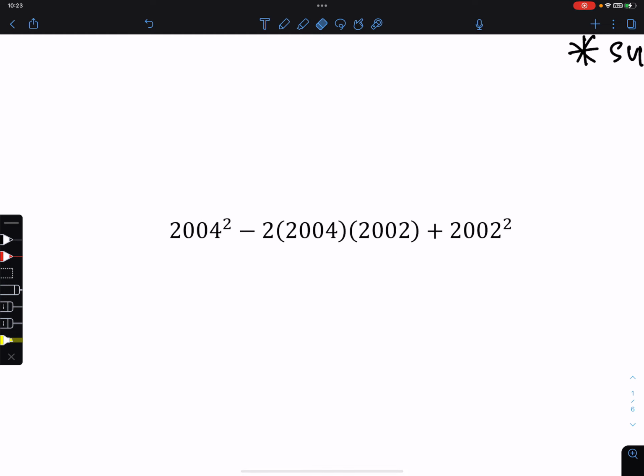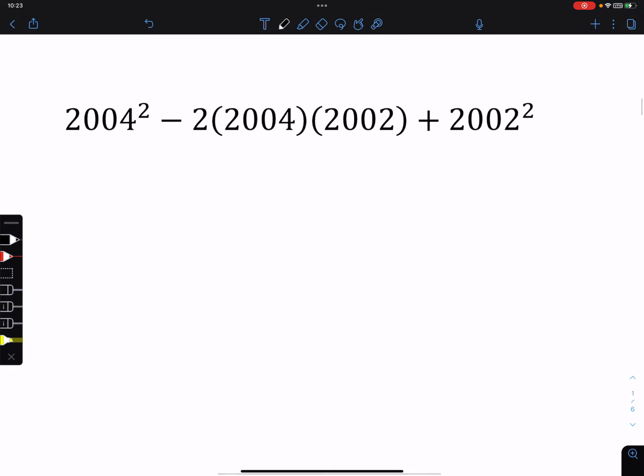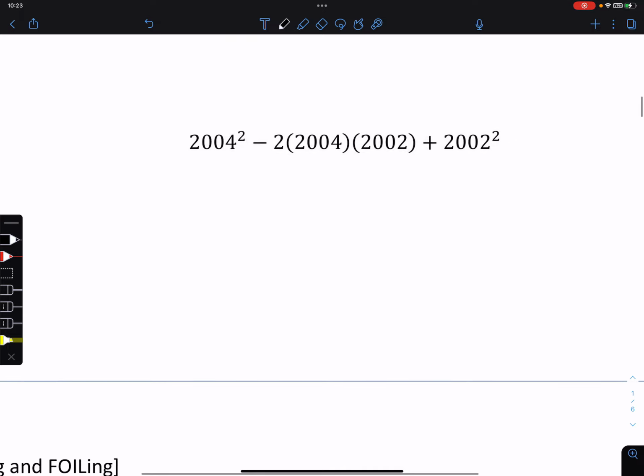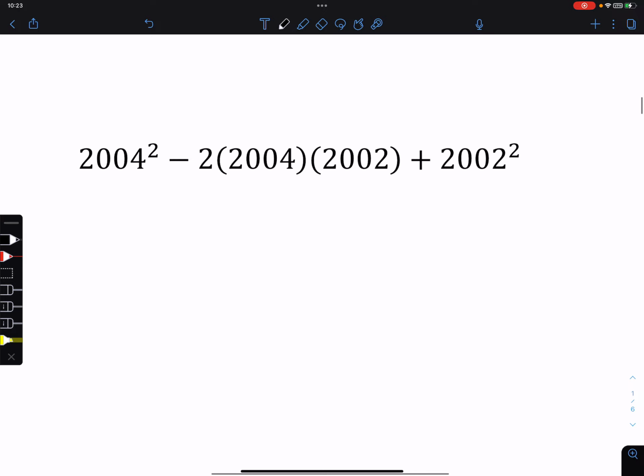There has to be an easier way, right? Your teacher's not going to make you multiply this out. So you look at the structure of this problem and you think, where have I seen this before? How do I work this into something that I do know? I'll give you a few seconds to try and find the solution to this problem.